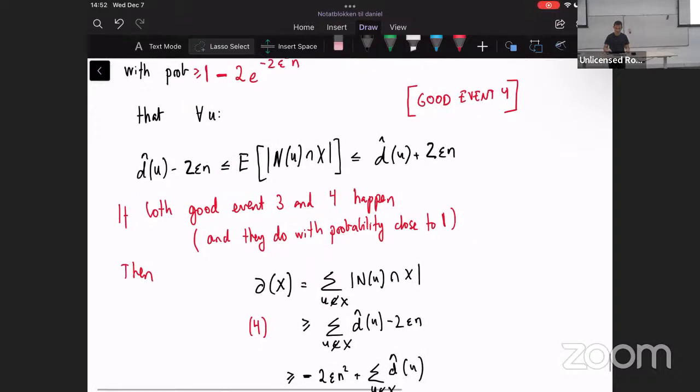And now we ask ourselves, what happens if both of the good events happen? I have a set X, and I just want to say, what is the cut of X?